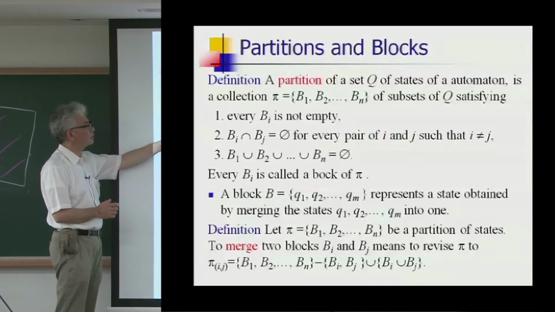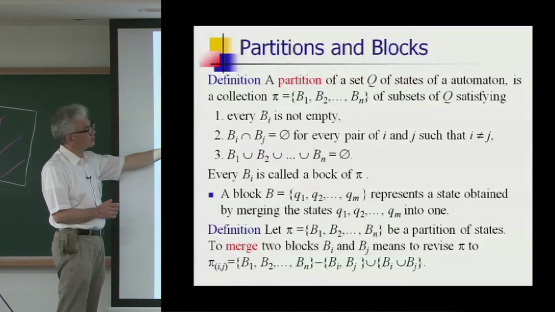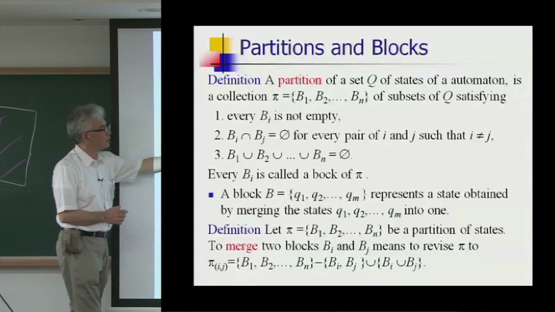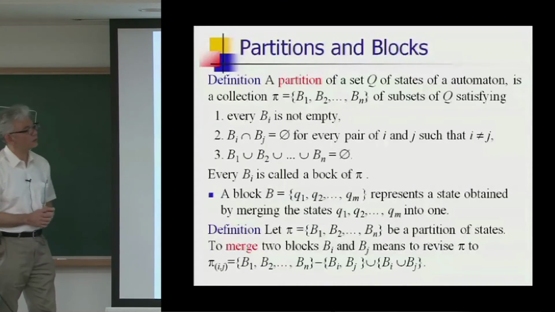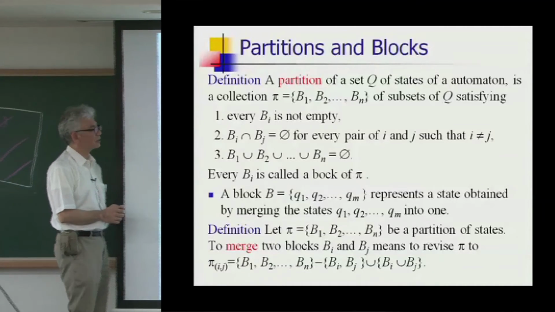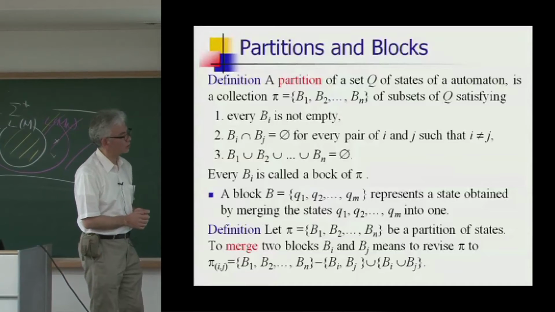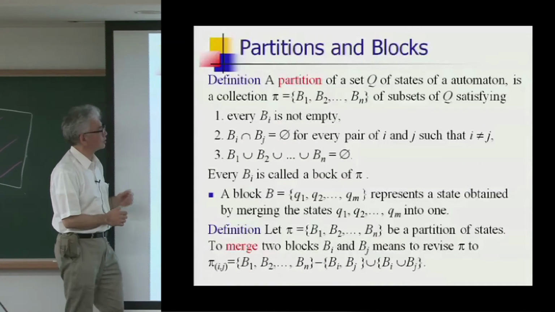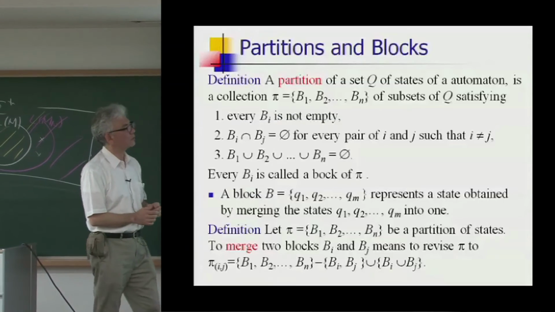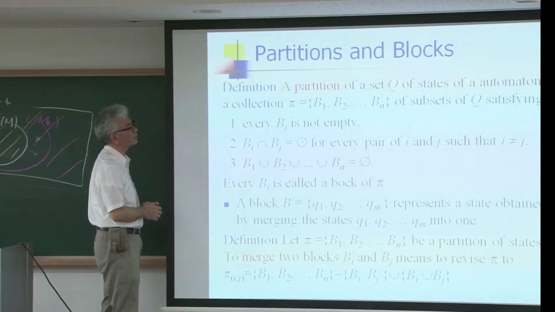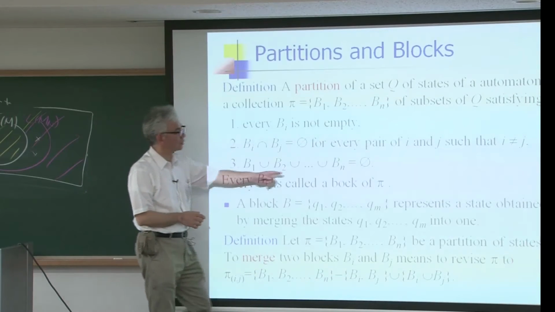Each state subset is non-empty, every pair of the subsets is disjoint, and the union of all of the subsets covers Q.